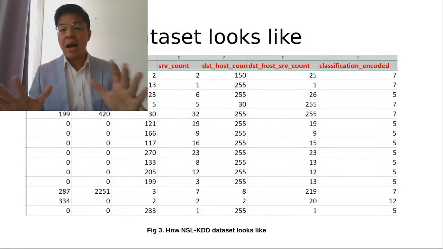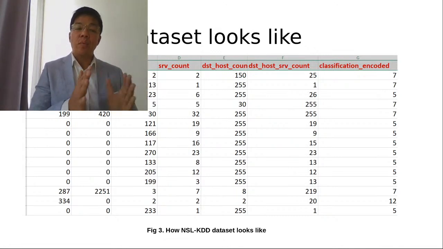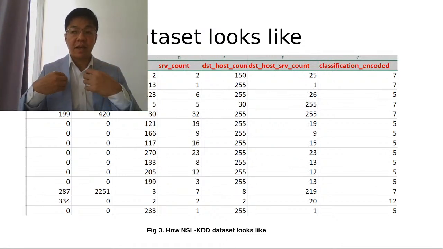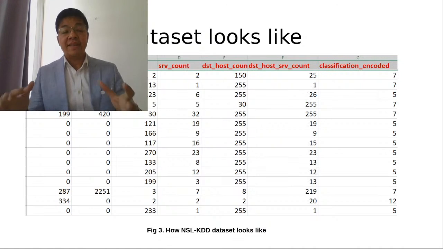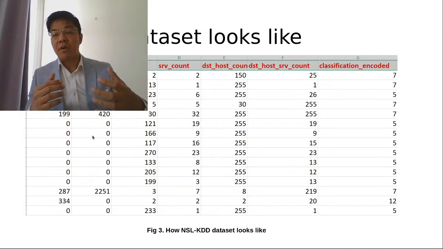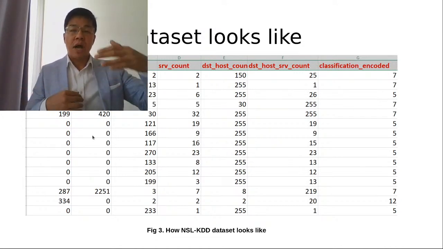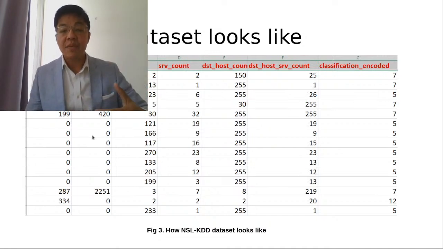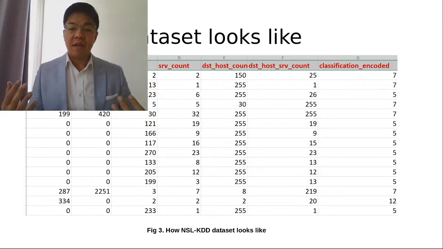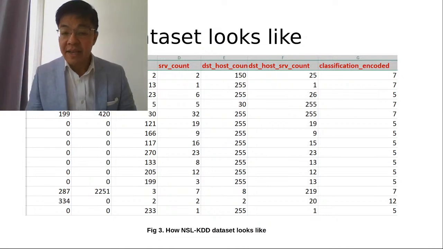So this was how our data set looked. In this case, we have source bytes, where we count the number of bytes going out of a particular source, and then we also have destination bytes, which counts the total number of bytes that are received at a given destination. We also look into how many total network flows there are, and the number of services that are being connected to a particular target.